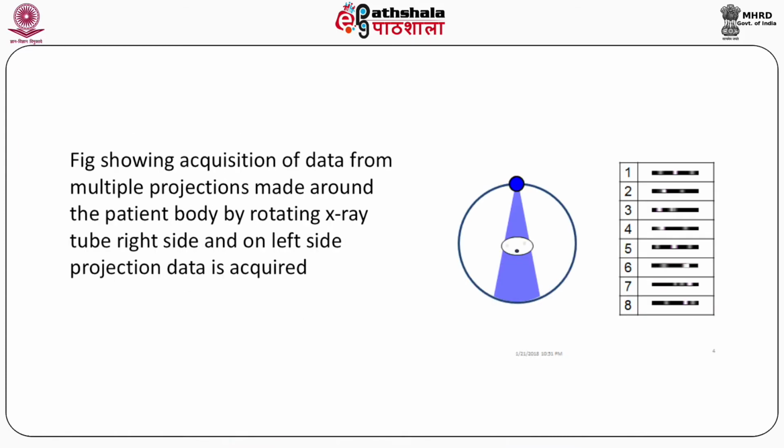And in one projection there are 800 scanned data, or 800 rays are collected. So measurement of transmitted X-rays by an array of detectors is done by using the equation, as I told you: the logarithm of the ratio of transmitted and the incident radiation gives me the value of the total linear attenuation coefficient.